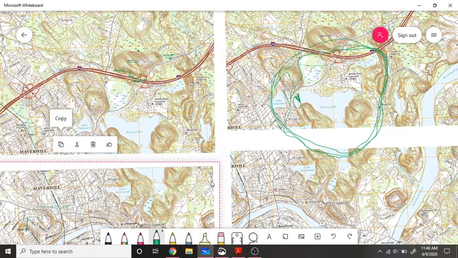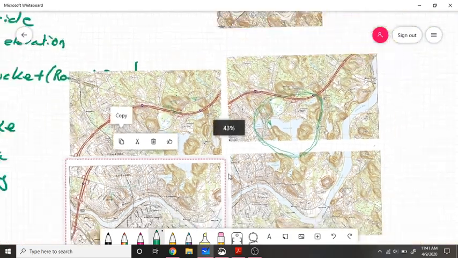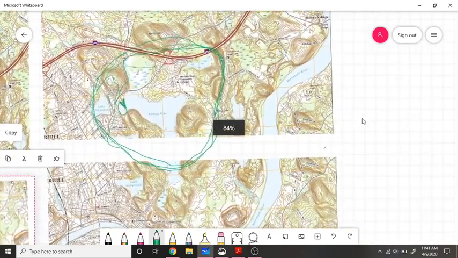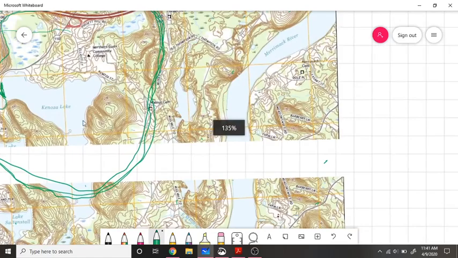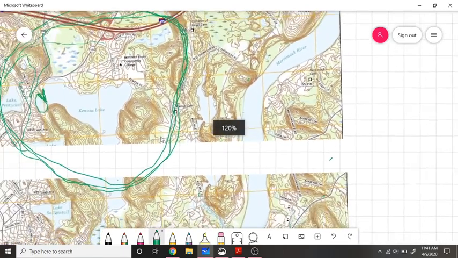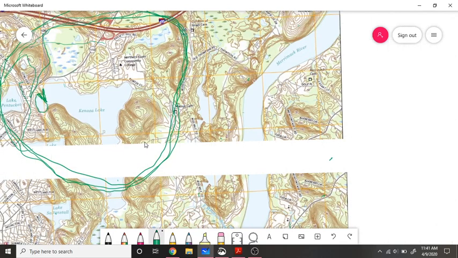You do not need to have all 4 of them in your notebooks, but if you have the ability to print them out, you should print out the one that is closest to your own neighborhood, and maybe mark what are the drumlins, what are the kettle lakes, and make sure you understand the features of reading the topography of the map, which is how high these hills are and how steep they are.